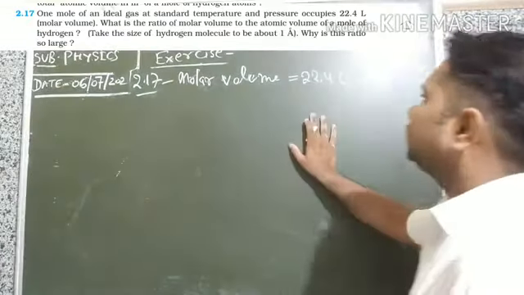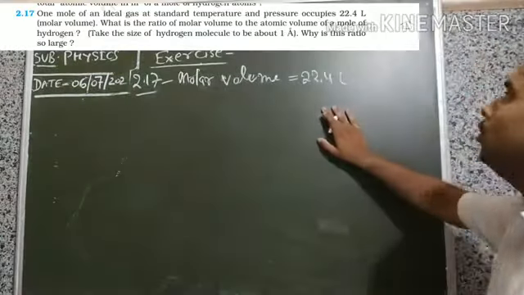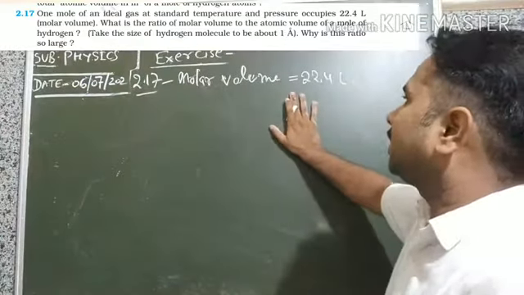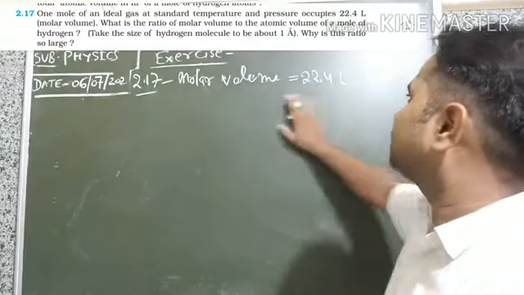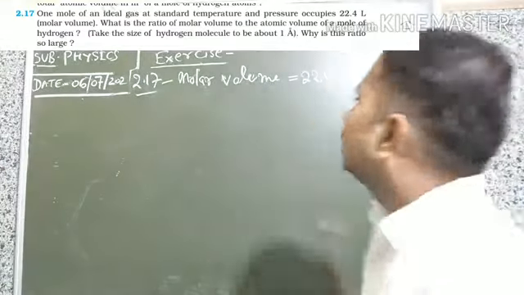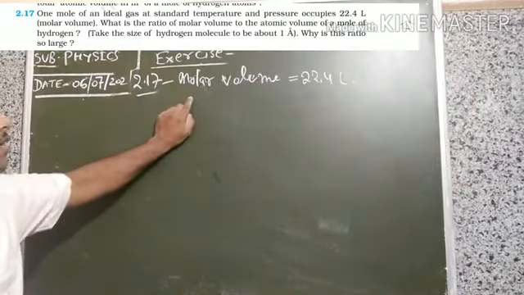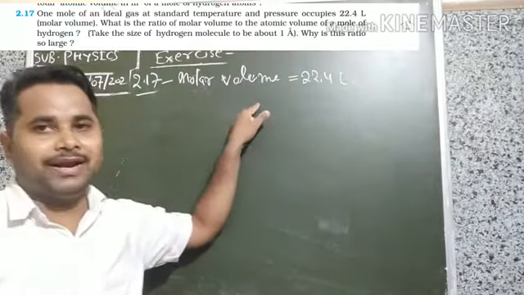It is constant. You know about the molar concept: the molar volume of a gas at standard temperature and pressure is fixed, that is 22.4 liter for 1 mole. So here we have to find the ratio of this molar volume and the atomic volume.